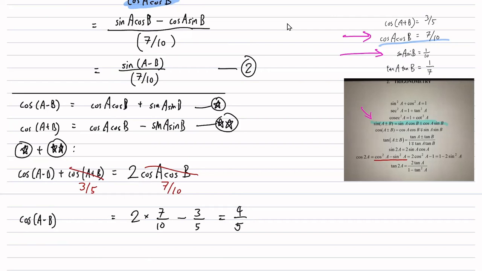Okay. Treat A minus B as one lump, one single angle. Like call it theta or something. So it's sine theta. You have cosine theta, you want to find sine theta. What do you want to do? Draw a right angle triangle. The angle is A minus B. And then fill in the rest. Go, go, go.